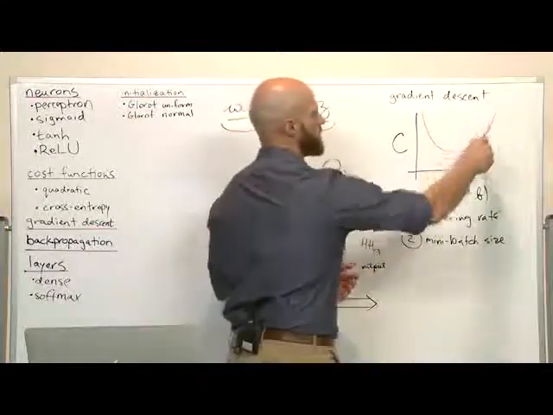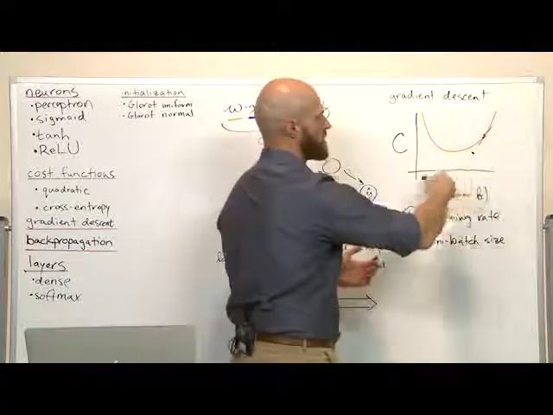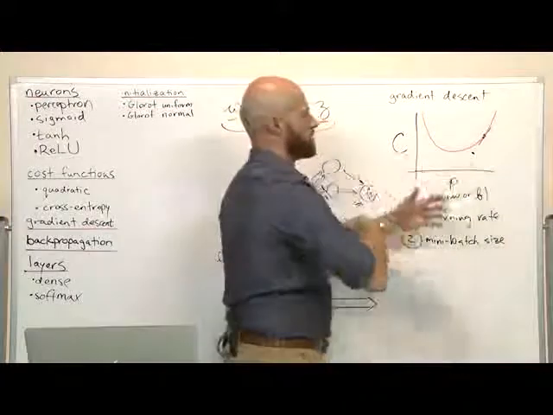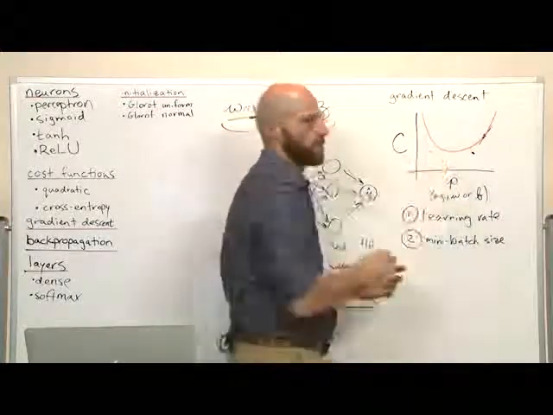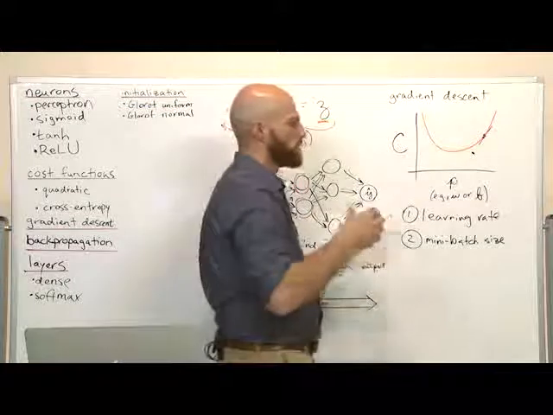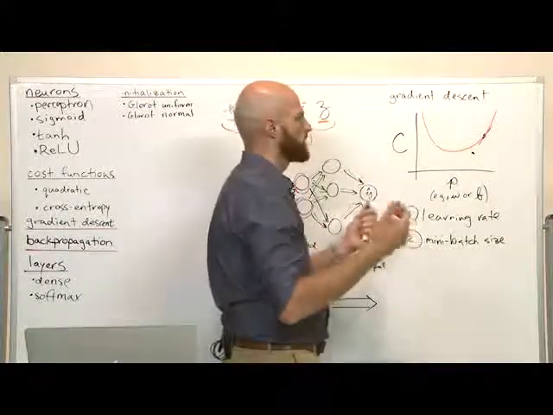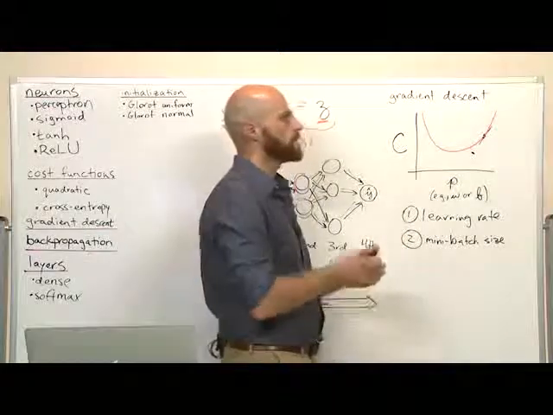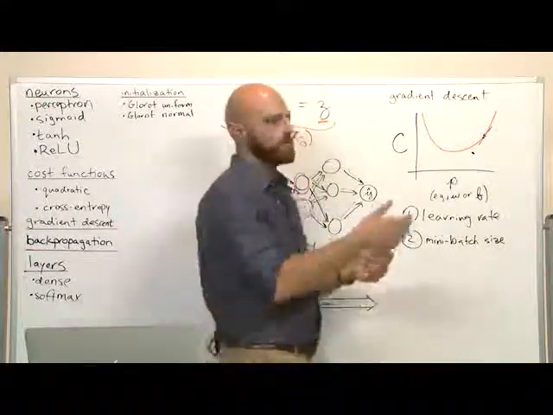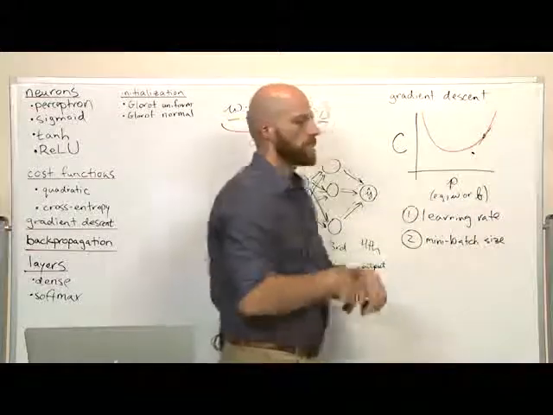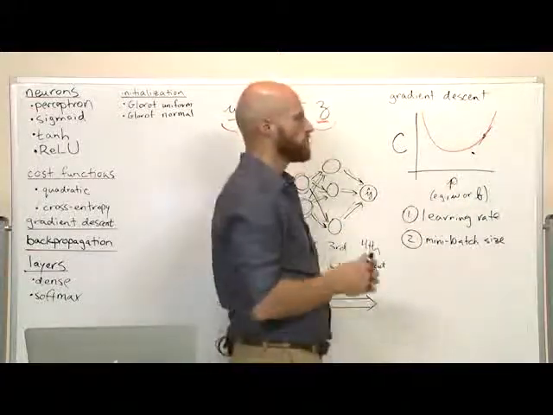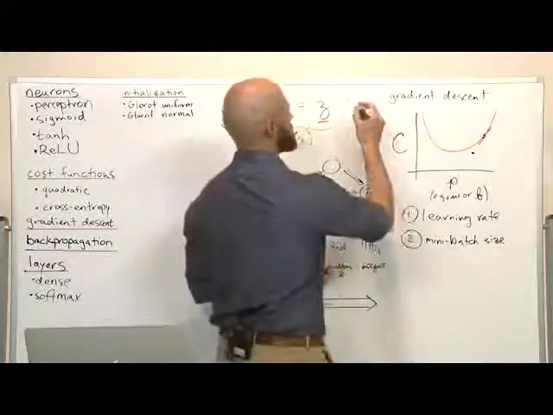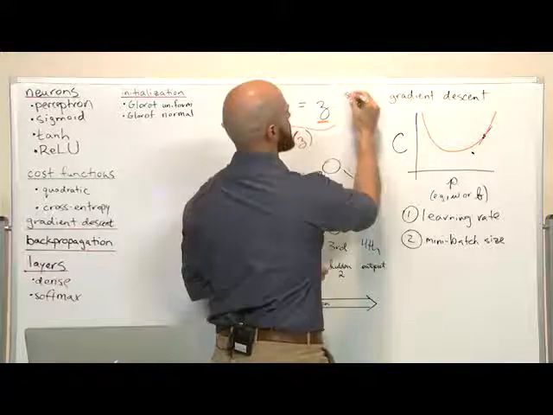Right here we only have one parameter, but if we have millions of parameters that we're trying to do gradient descent on and to identify where the lower cost would be, it takes a very long time, or it might even be computationally intractable, to find the gradient with the full data set. So what we do is we break the data set into mini batches. This kind of technique is called stochastic gradient descent.